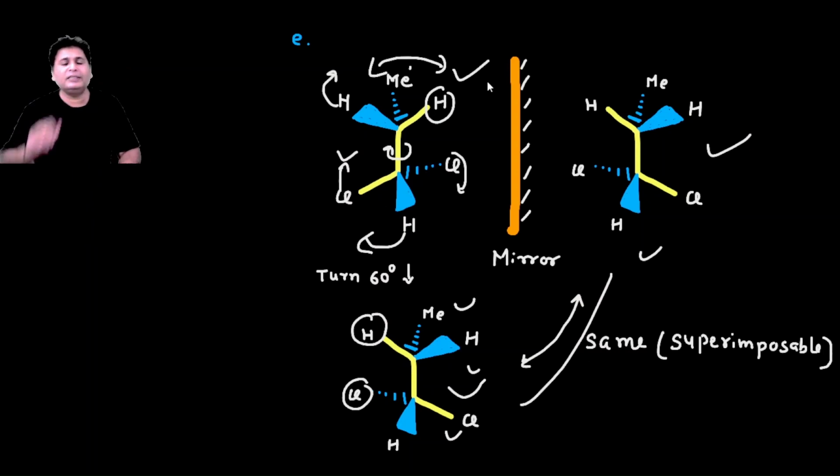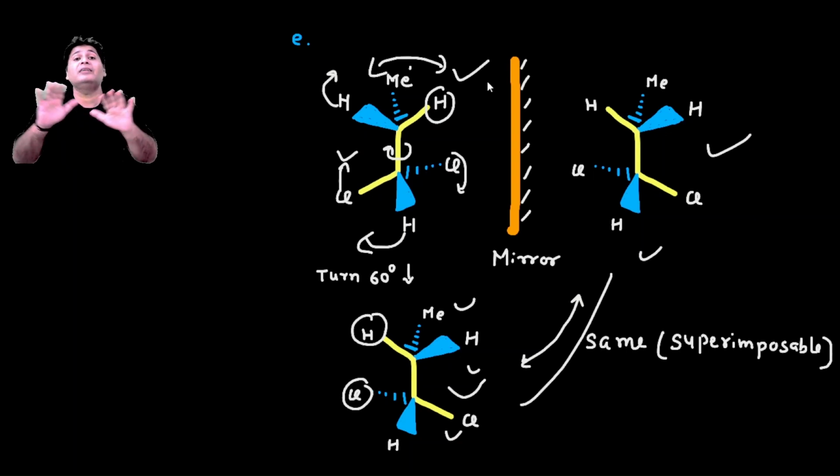So take a lesson from examples B and E. If the compound does not have any chiral carbon, then it will be achiral in nature, provided all the atoms involved are carbon and hydrogen.